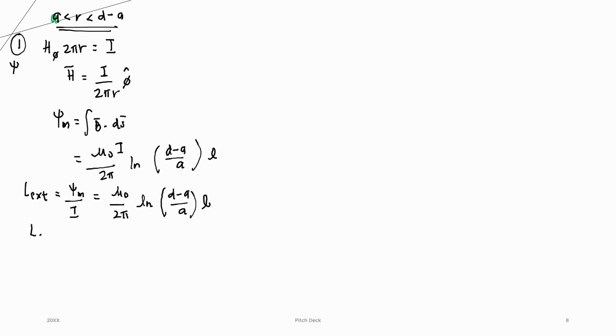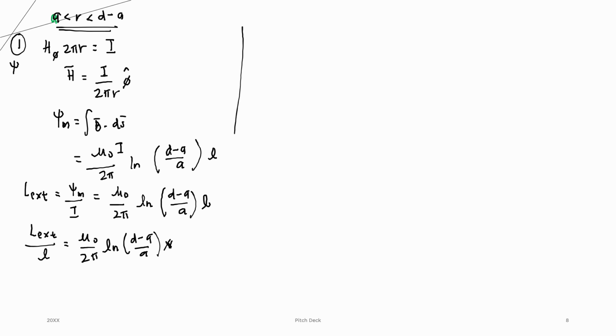So we want to find the external inductance per meter. Dividing over L, you get for the external part mu naught over 2 pi ln (d minus a) over a. This is at the region between a and d minus a.